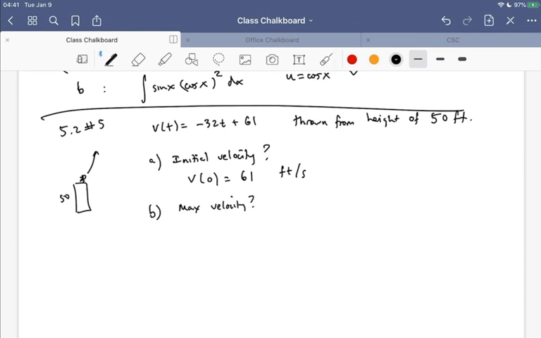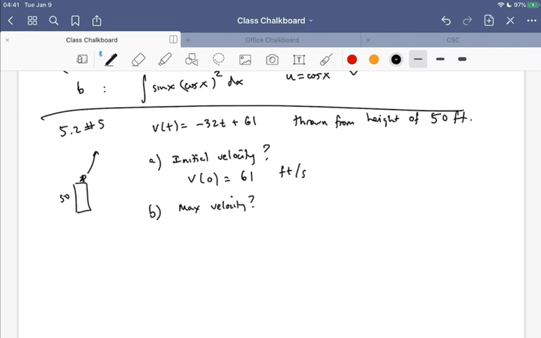Part B asked what the max velocity is. So this may be kind of a trick question. How do we normally maximize a function? We find when the derivative of the function is equal to 0. But the other place where optimization can occur is at an endpoint.